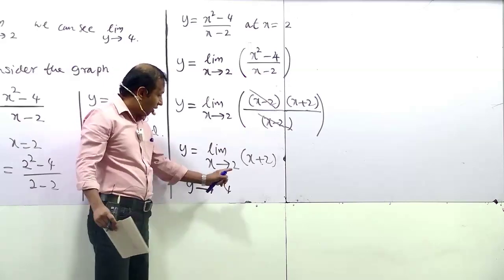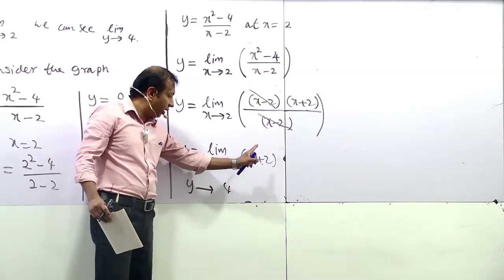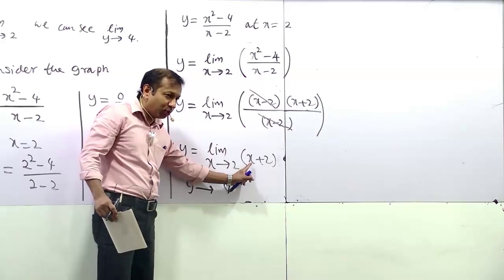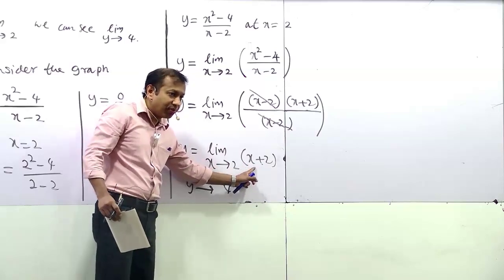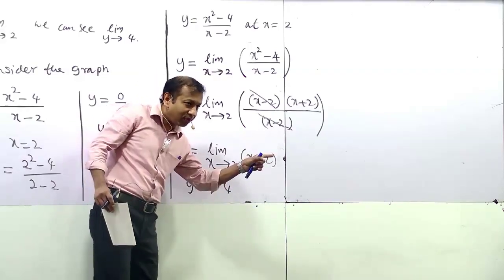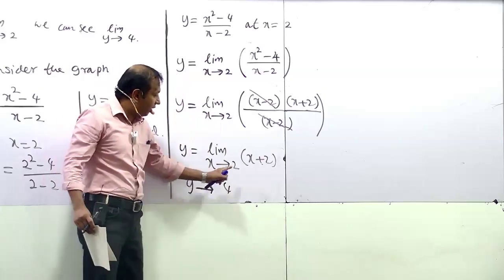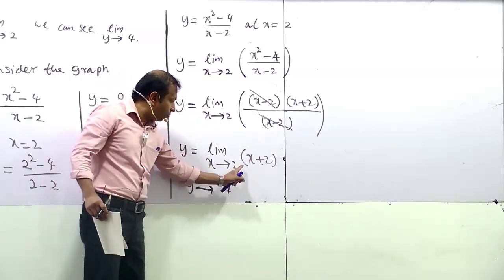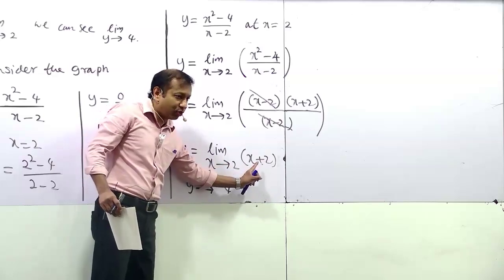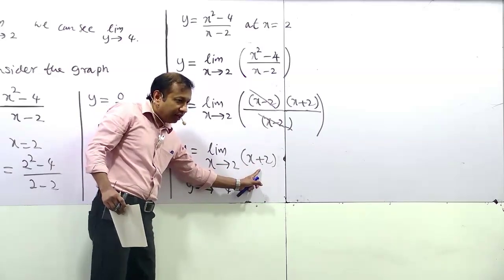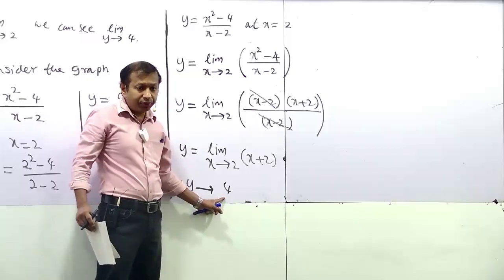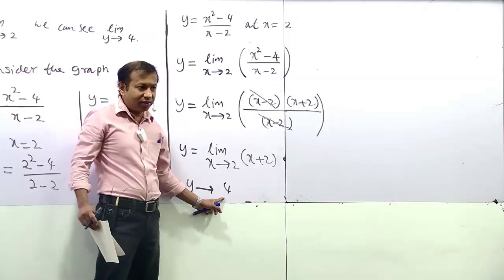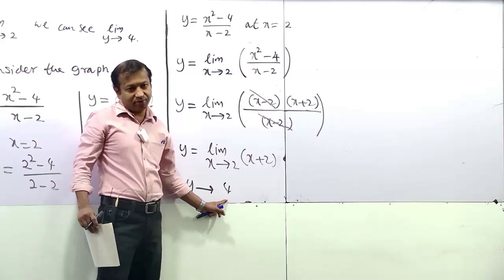No? 1.9, 1.99, 1.999, and so on when you put at these places. But this sum is going towards 4, no? To make it easy, this x we replace by 2 and then 2 and 2 we write as 4. Then I write y going to 4. Correct? No? Y going to 4. This is the actual way of writing.